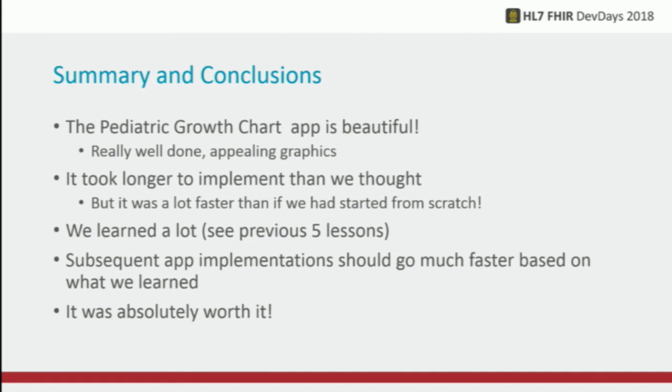It took longer to implement than we thought, but it was a lot faster than if we had developed the application ourselves and gone through all of the work of creating it ourselves. We learned a bunch. I already said what we learned. And our subsequent apps have been much faster than the first one.